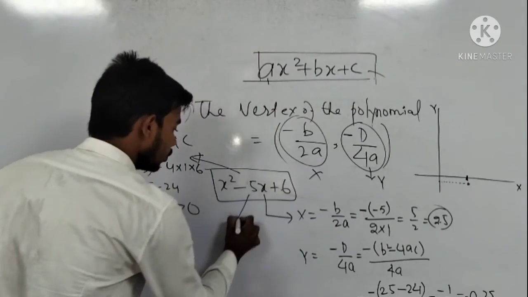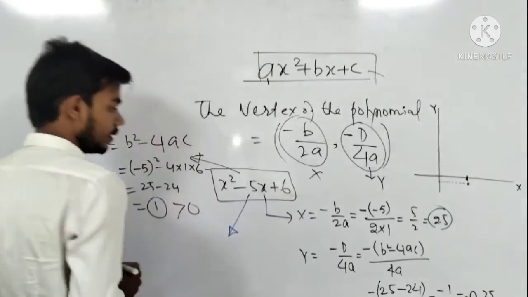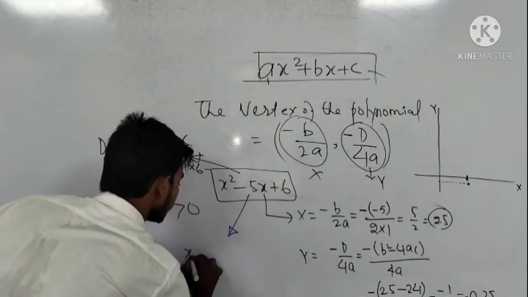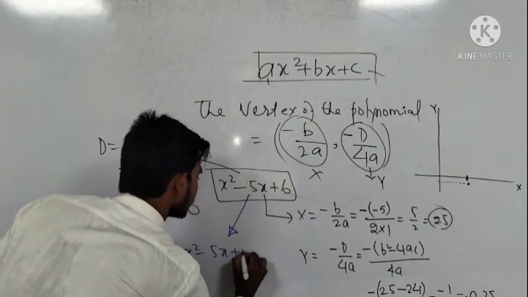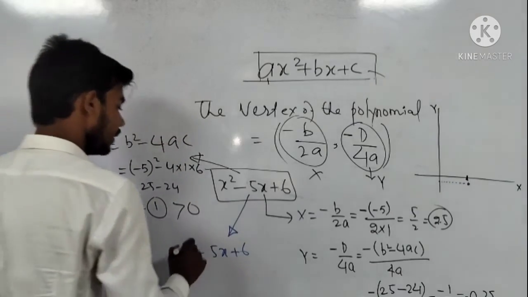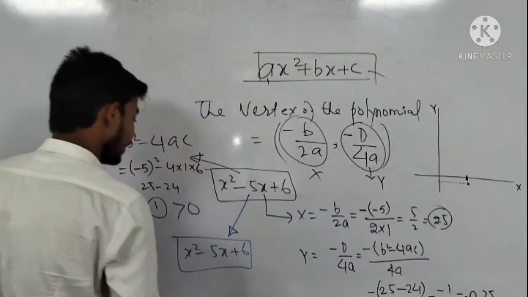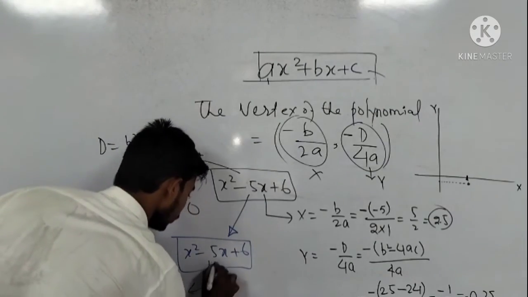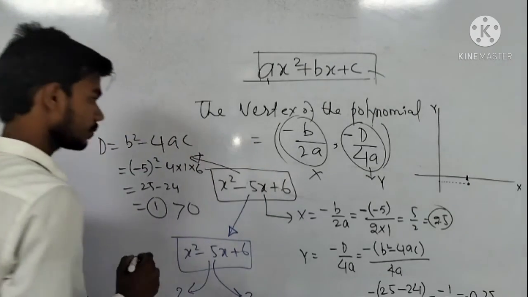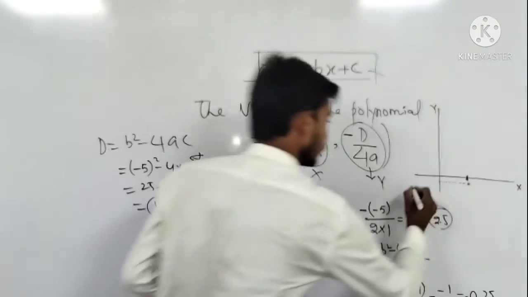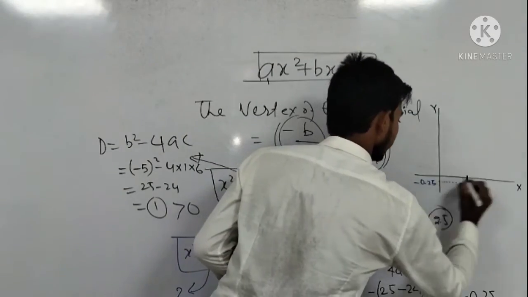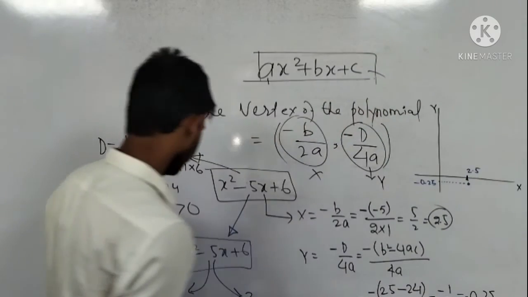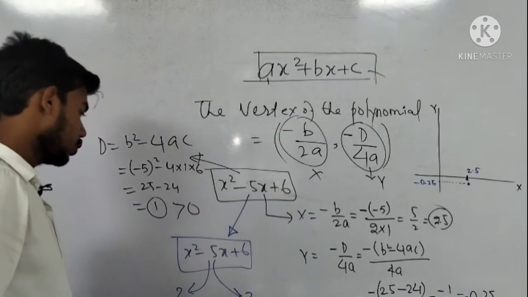And also you are able to find the zeros of the polynomial. Okay, x square minus 5x plus 6. Believe me, if you find the zeros of the polynomial, they come out to be 2 and 3. The turning point is at minus 0.25 and 2.5.